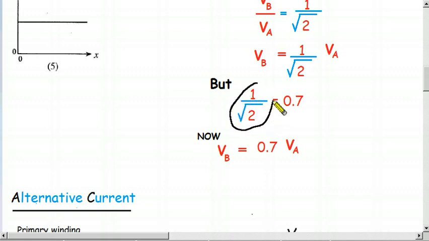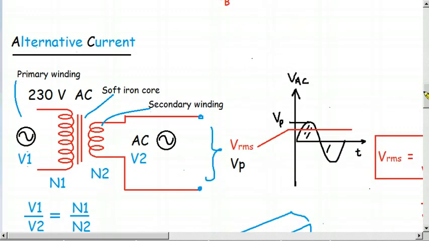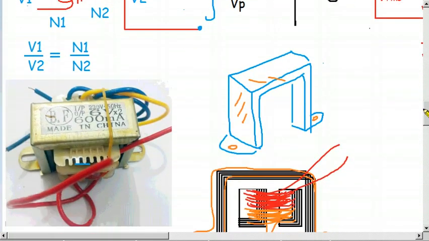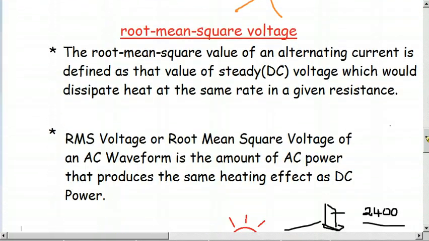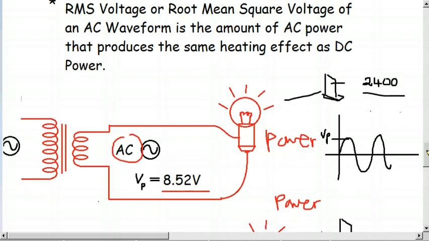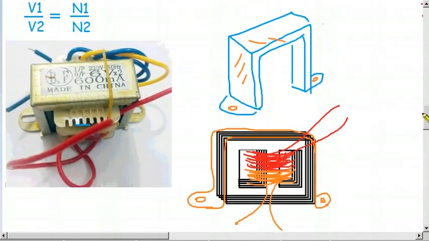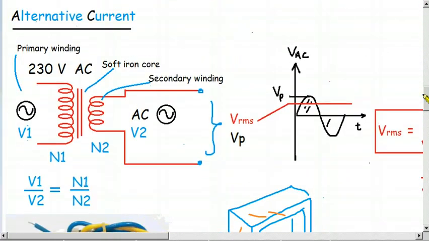We used that knowledge to solve this problem. So that is why I said, if you know Vrms, you can easily recall this value to substitute here and get the answer at once. So now you know what is Vrms and what is V peak.